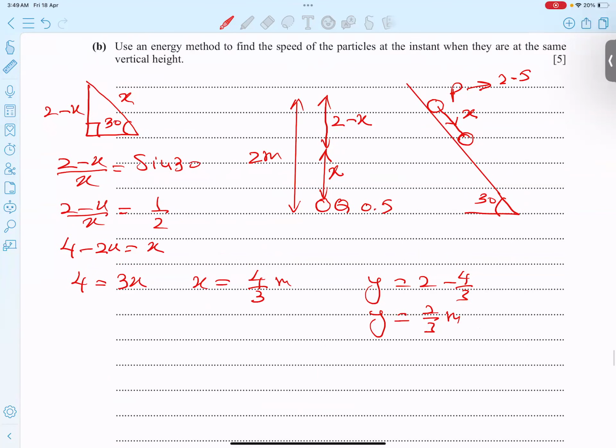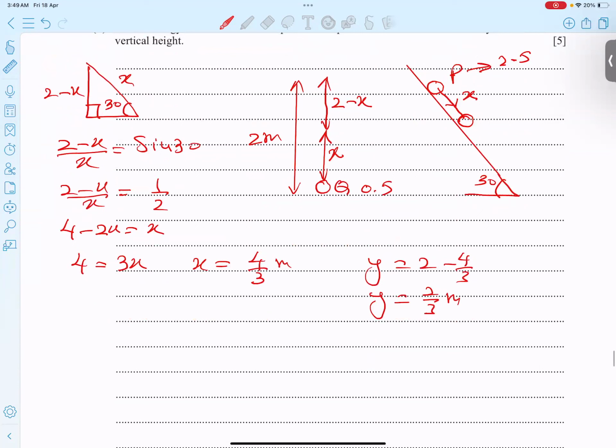Make sure. So let's try to solve it. What is the method? Basically, what is the formula we use? Work done by applied force, work done by frictional force, equals kinetic energy plus potential energy at the end point minus kinetic energy plus potential energy at the starting point.